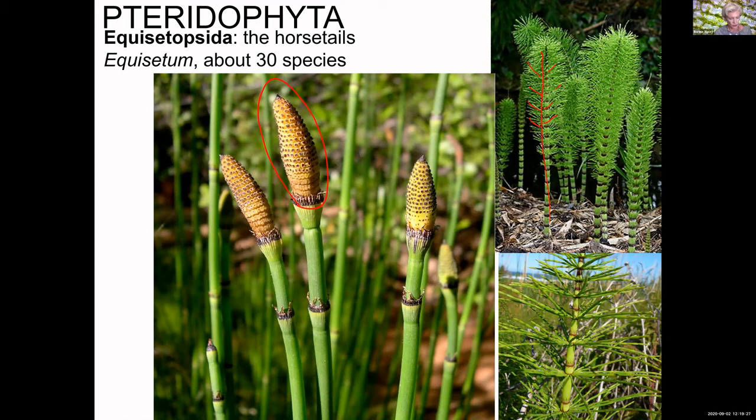They do photosynthesis on their stem, so the stem looks green, and they can be quite large. They can be head high, but they're these weird single-looking stalks. So I just want you to know what group these are in. Equisetum, right? Horsetails. Equus is the genus of horses, if you are a horse person.